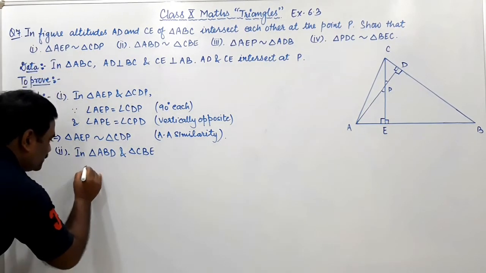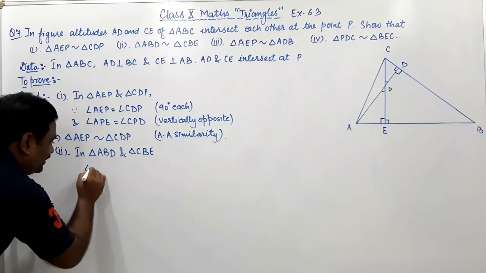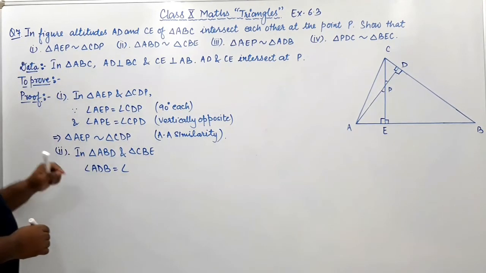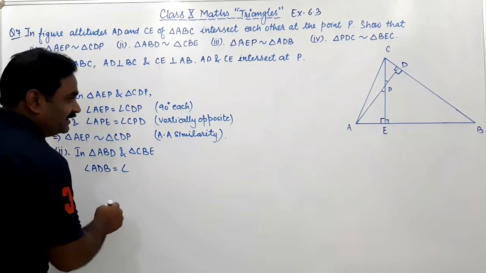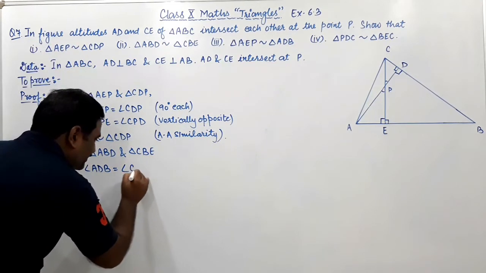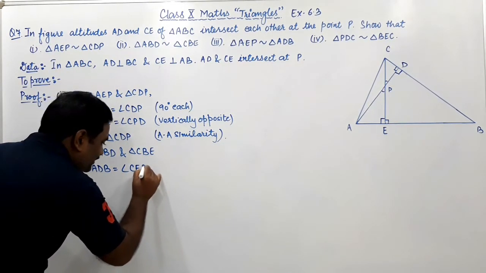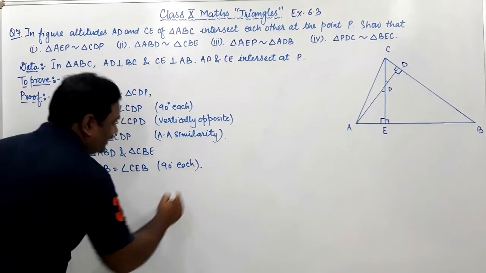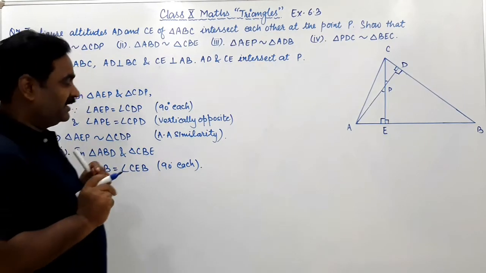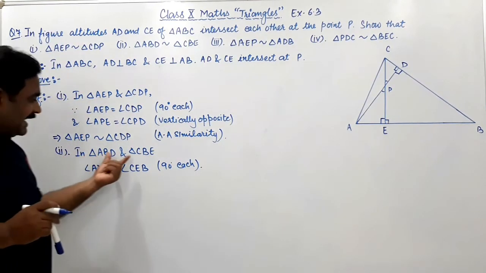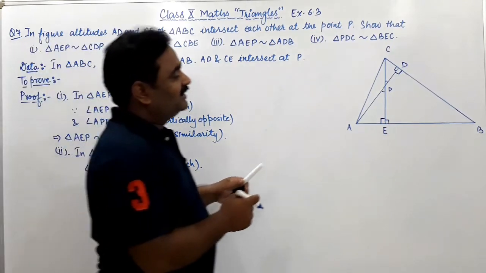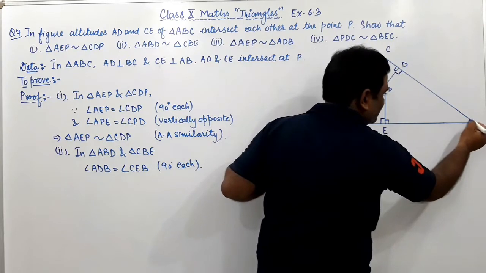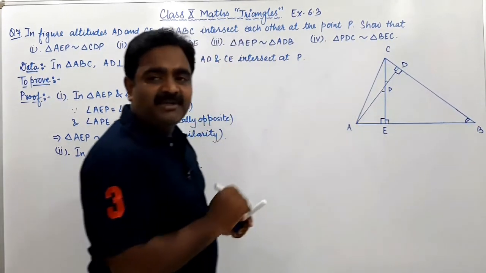So in ABD, angle ADB is equal to, in this which one is 90 degrees? Angle E is 90 degrees. So you can write angle CEB, 90 degrees each. Both are 90-degree angles. Clear? Okay. Now is there any angle common in these two triangles? So in ABD and CBE, angle B is common in both the triangles.